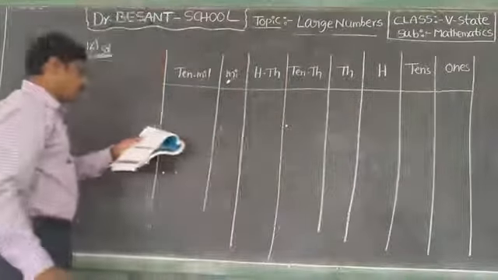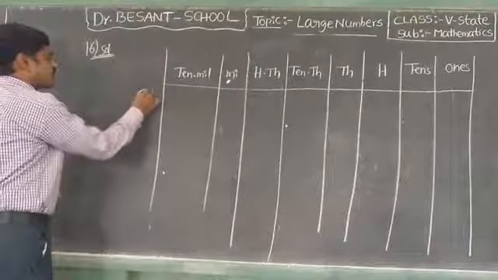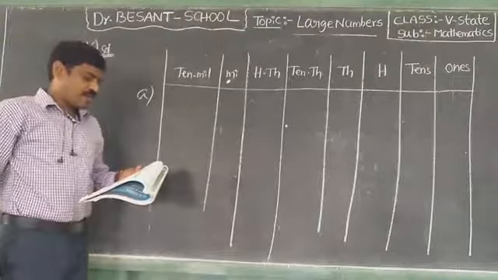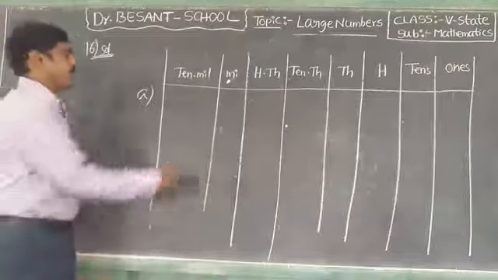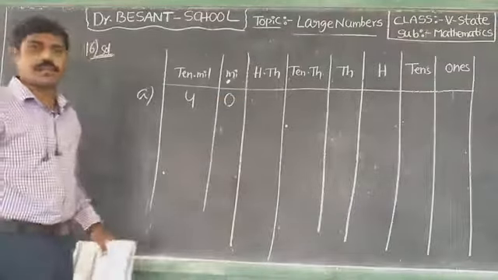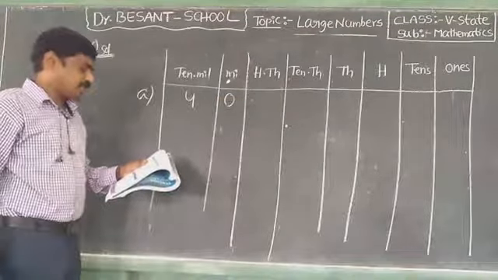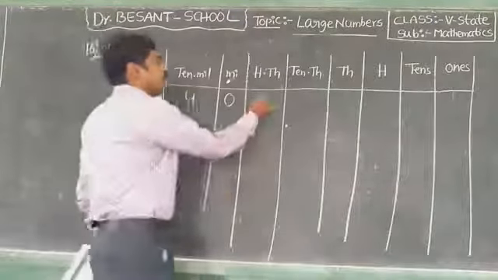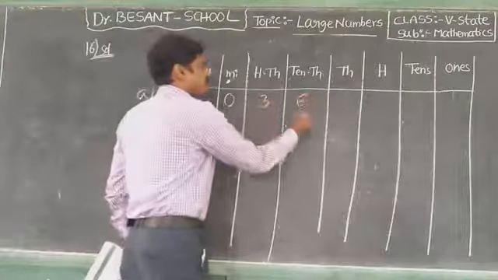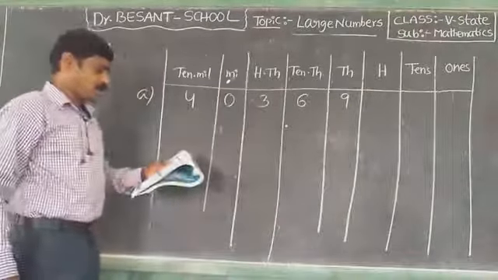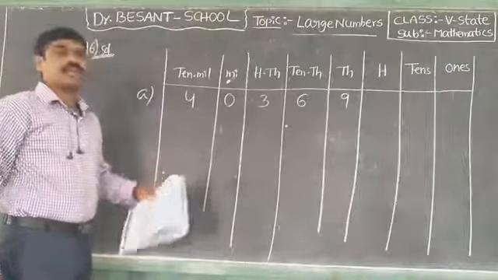Now all of you read the question first. The first one, 40 million. 40 million means 40 million. Next, 369,000, 241.